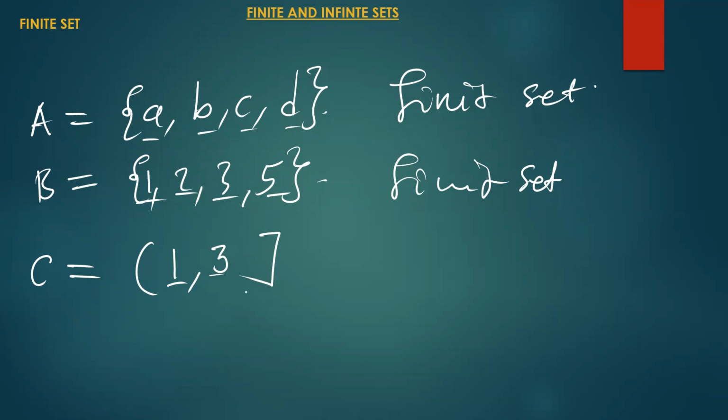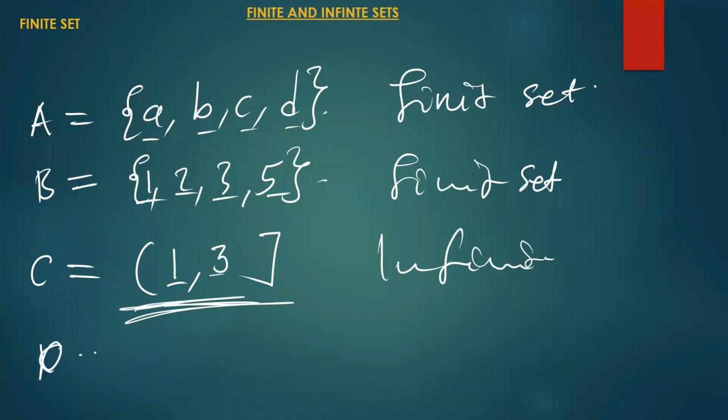So all interval sets in this format are infinite sets. The same goes for set D, which has 1, 2, 3, 4 and then 3 dots this side.